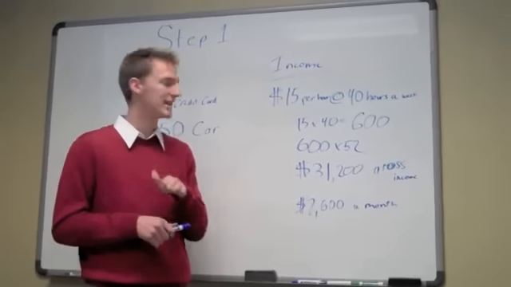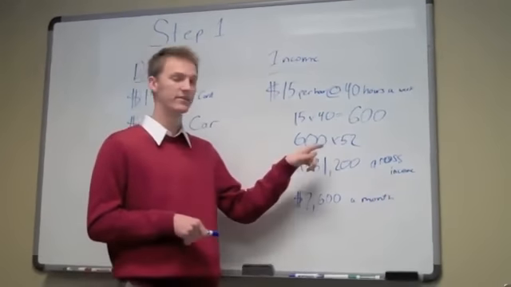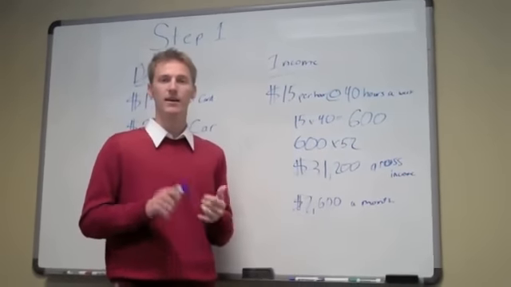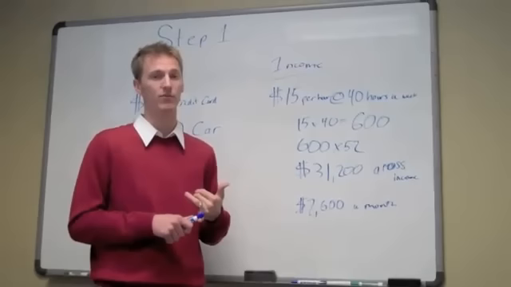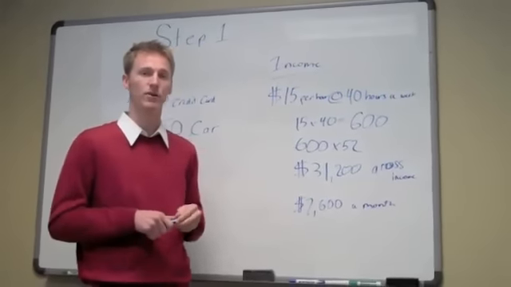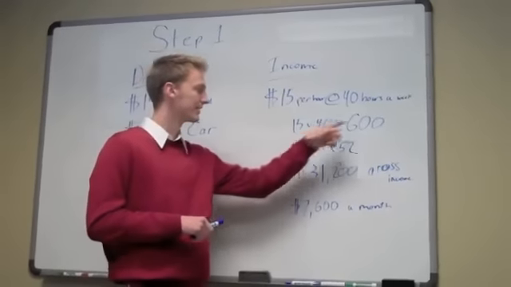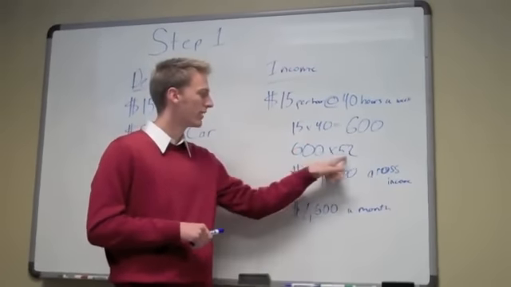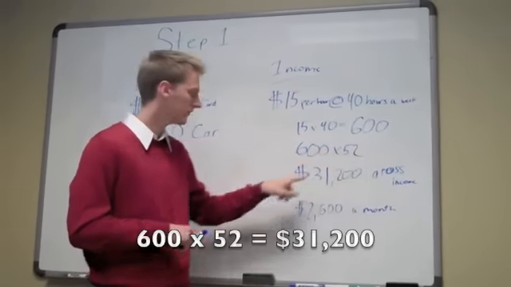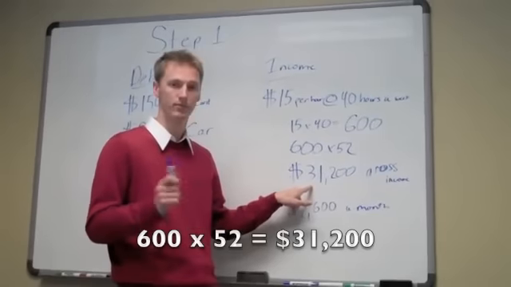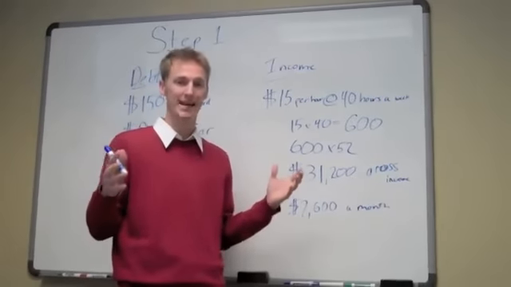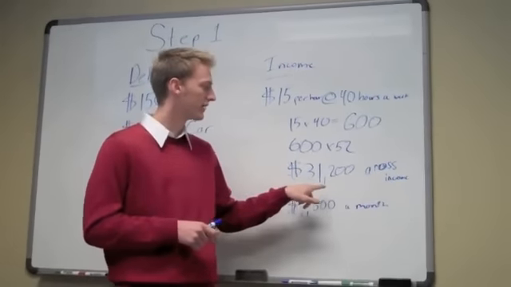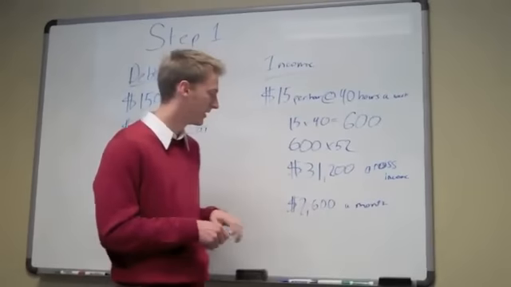That's actually not entirely accurate because there's 52 weeks in a year, and 12 months times 4 we only have 48 weeks, so you're kind of selling yourself short on income there. So what you want to do is take that $600 per week and multiply it by 52. That gives us a gross income, which is your income before they take taxes out, of $31,200 per year.